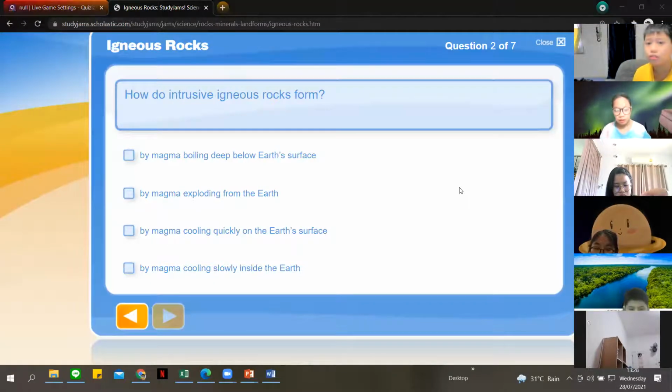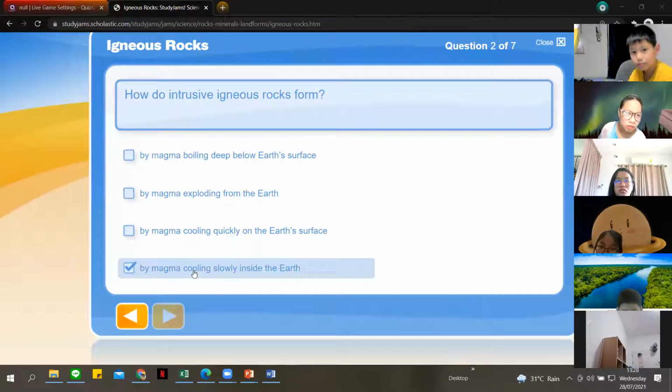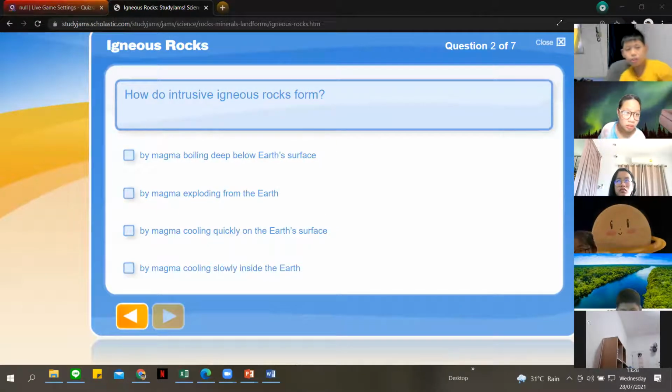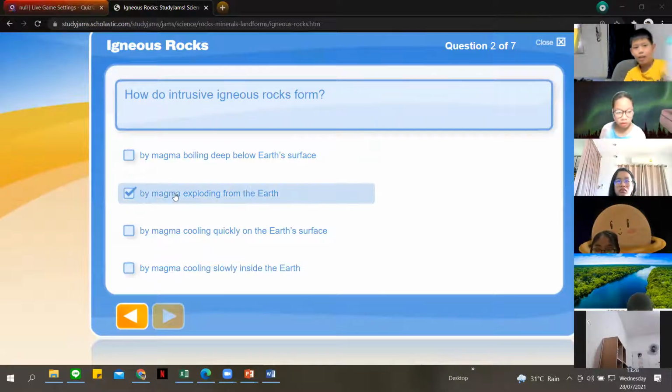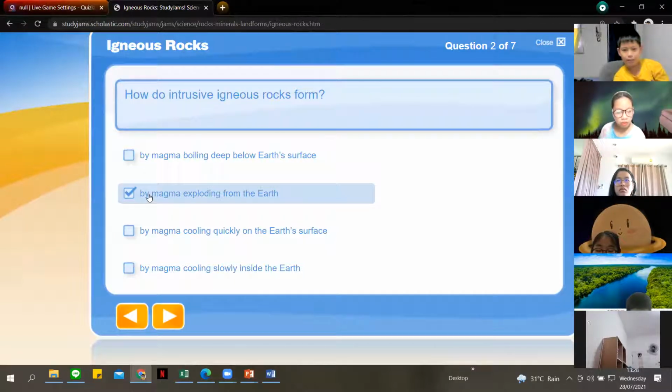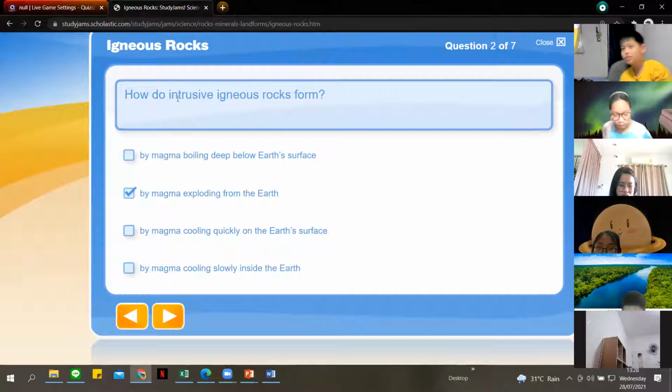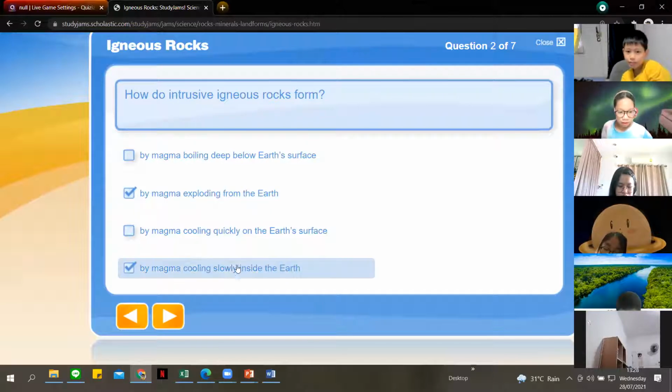Panatat? Can you tell me the answer here, Panatat? Number 15. I don't know. Read the answer A, B, C, or D. B. Okay. Intrusive is exploding. Okay.